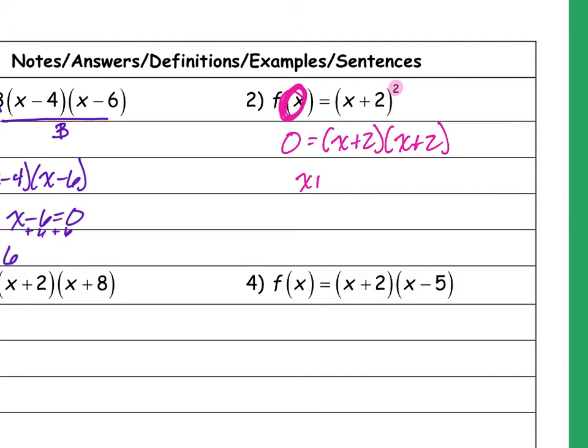So x plus 2 equals 0, or x plus 2 equals 0. So I'm going to subtract 2 and subtract 2, and x is going to equal negative 2. Because it's the same answer, I don't have to write it twice. Okay? Any questions so far?